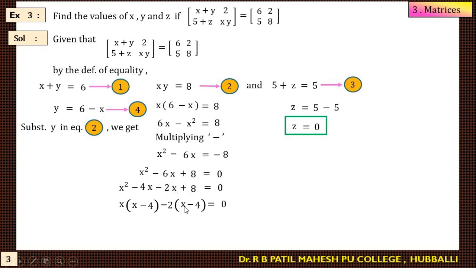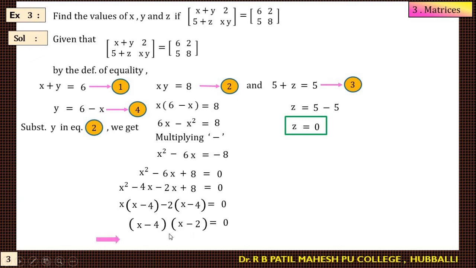Now again x minus 4 is common, taken into a bracket. From the first term we get x, and from the second term minus 2. So we got x minus 4 into x minus 2 equal to 0.